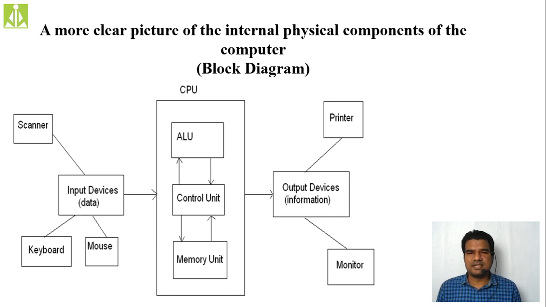So CPU, inside it we have the ALU, control unit, memory unit, and we said the CPU processes the input, that is the raw data, according to pre-stored instructions. Those pre-stored instructions are nothing but our programs. Pre-stored, in the sense that prior to our processing and manipulations, they are loaded inside the computer.